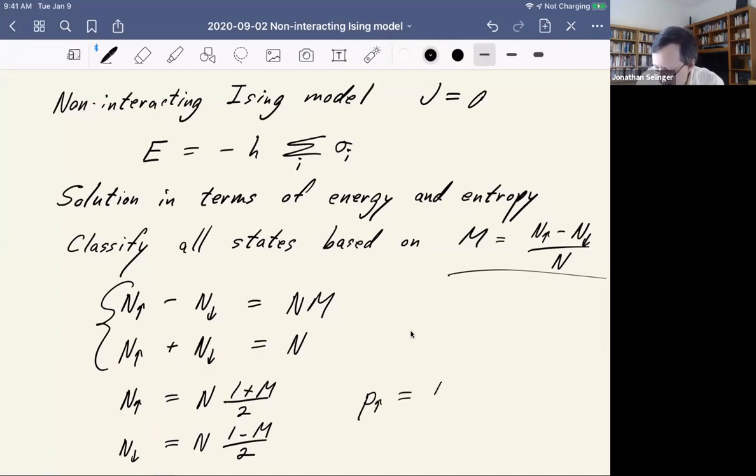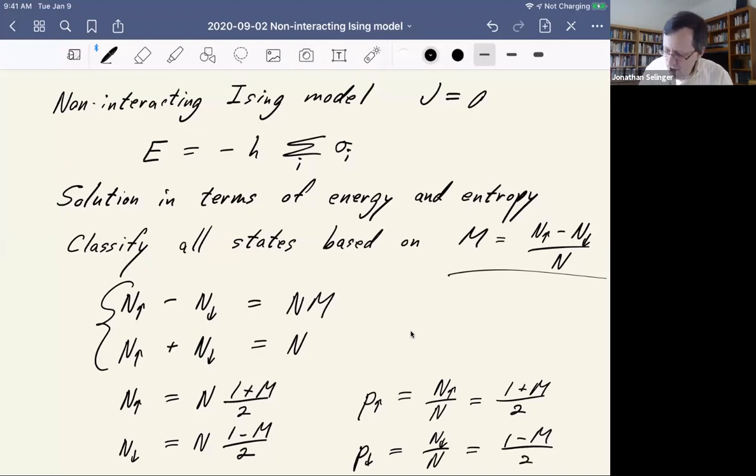So that's n up over n, which is (1 plus m) over 2. And likewise, p down is n down over n, which is (1 minus m) over 2.